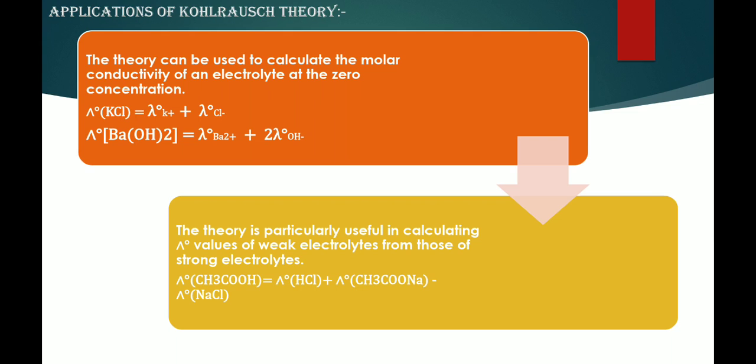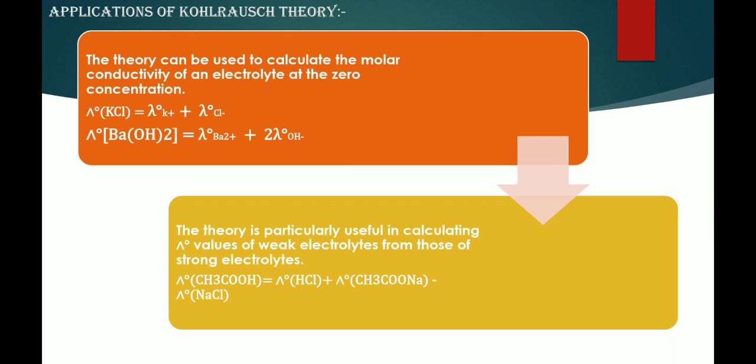The theory is particularly useful for calculating the capital lambda naught value of weak electrolytes from those of strong electrolytes. For example, we cannot directly calculate the molar conductivity at zero concentration of acetic acid. But by using the molar conductivity of HCl, of sodium acetate, and of NaCl at zero concentration, we can calculate it.